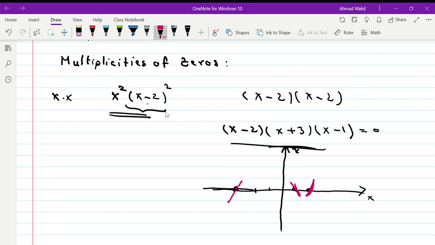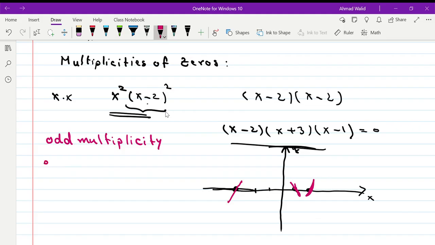If you have an odd multiplicity, when you have odd multiplicity, the graph crosses or intersects the x-axis.